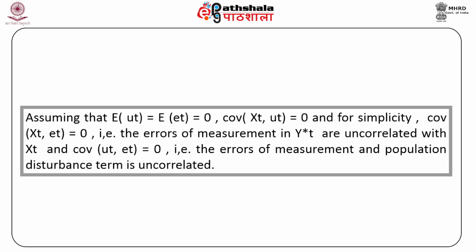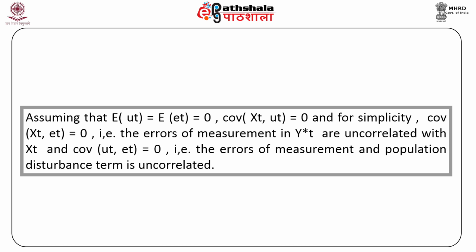Assuming that expectation of mu t is equal to expectation of et is equal to 0, covariance xt mu t is equal to 0, and for simplicity, covariance xt et is equal to 0, that is, the errors of measurement in yt star are uncorrelated with xt, and covariance mu t et is equal to 0, that is, errors of measurement and population disturbance term are uncorrelated.